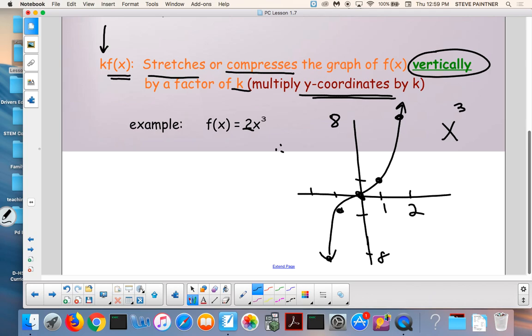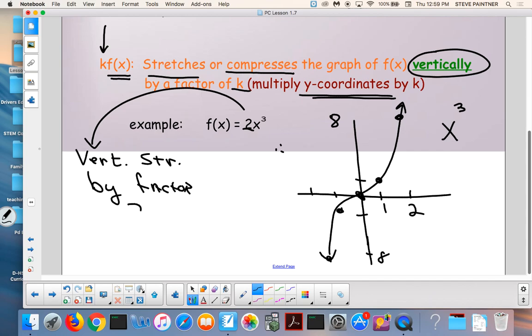Problem is you don't have the parent. Now because that number is bigger than 1, it's going to be vertically stretched, by what number? By factor 2. So, to me, this is a vertical stretch by factor 2.